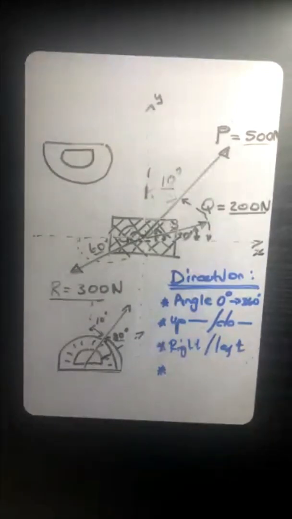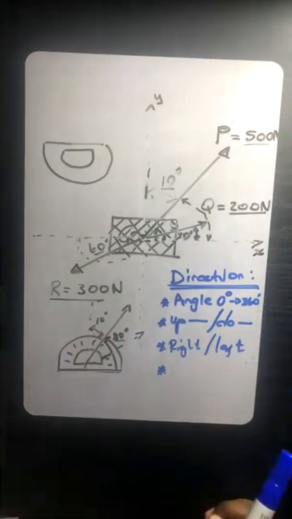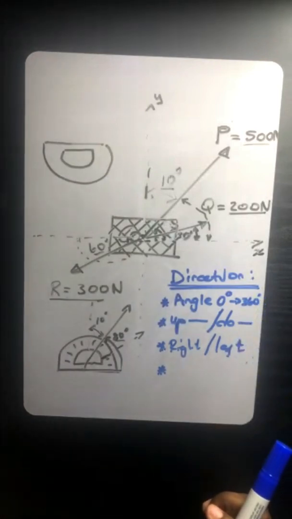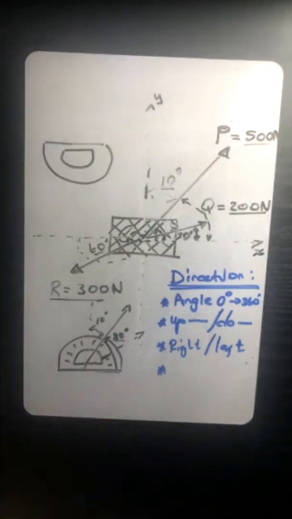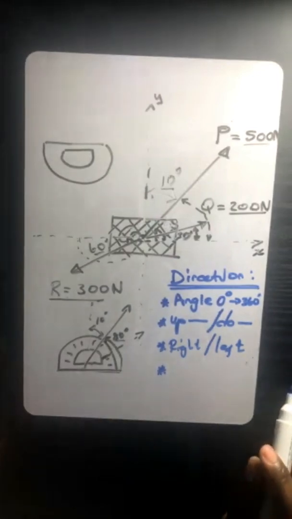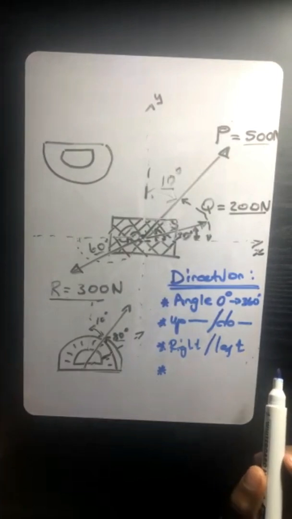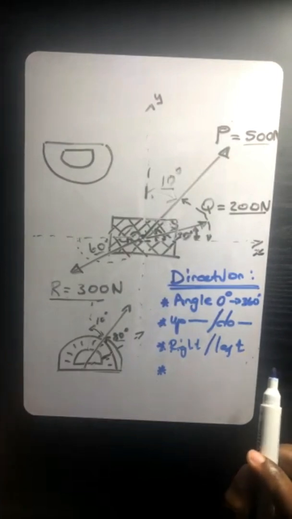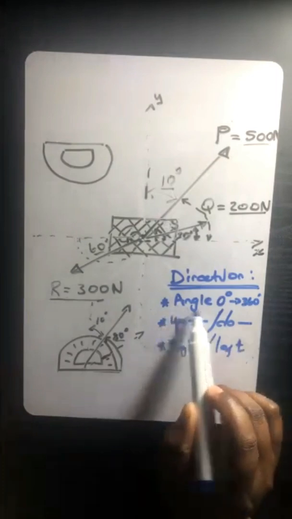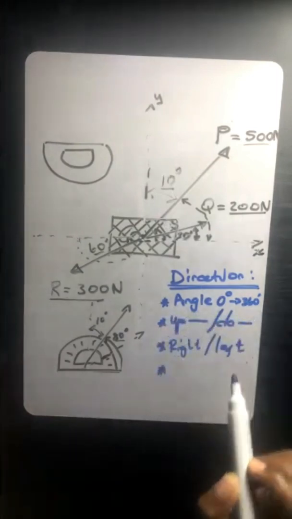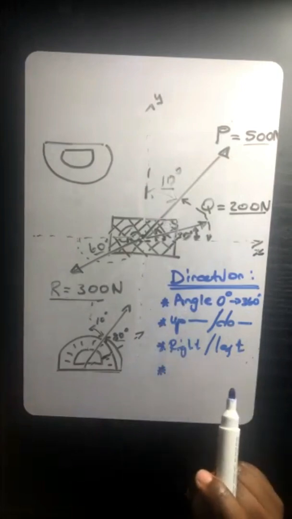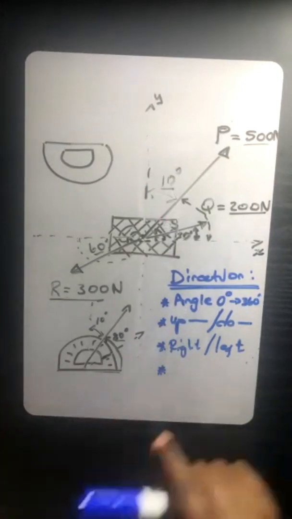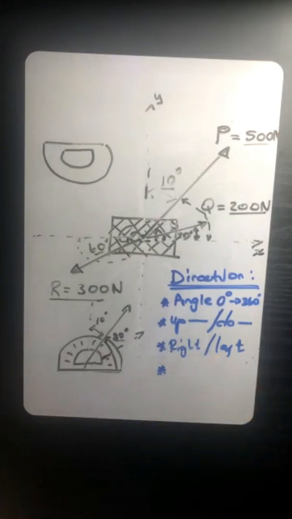Okay, so for now, let's just make an assumption that directions can possibly be indicated as an angle, up or down, right or left. Whatever we discover as we go along with our physics lessons, let's make sure to add it on the list.